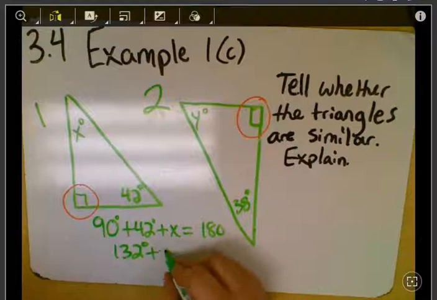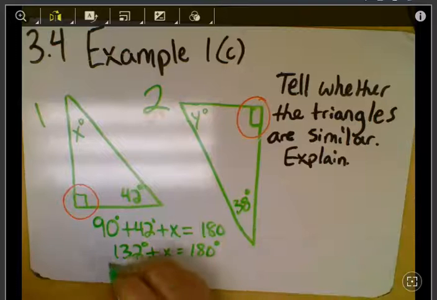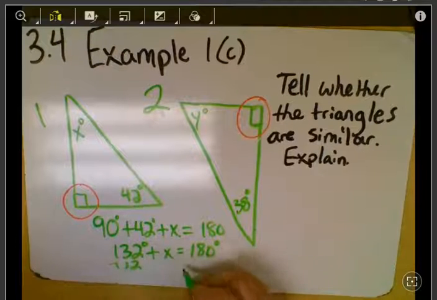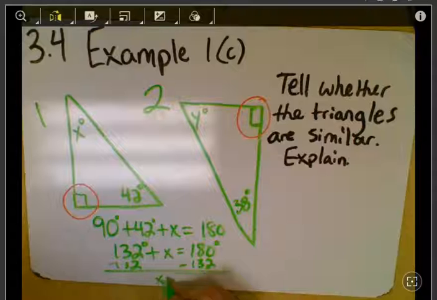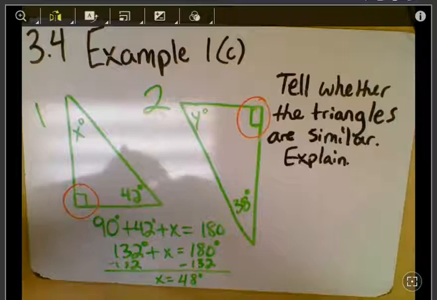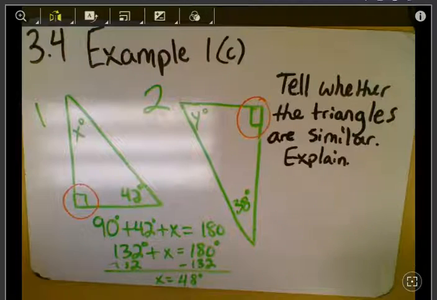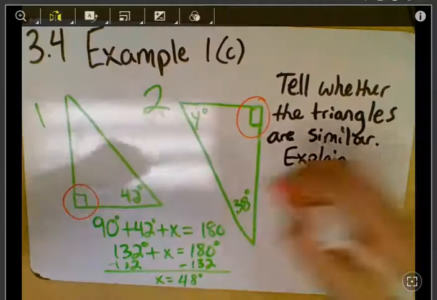Plus x equals 180 degrees. Then we subtract 132 from both sides to get x by itself. And then that gives us x equals 48 degrees. So we have x equals 48 degrees. I'm going to put that up here. 48.